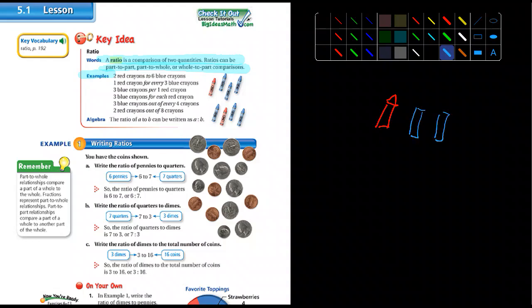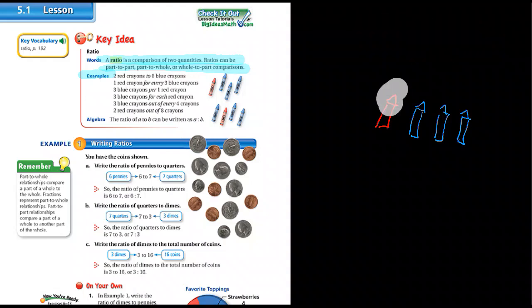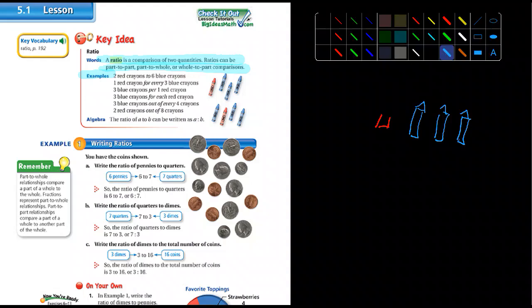And then I have a blue crayon. 1, 2, you have to wait. 3. Okay, let's say there's 3 crayons. What if my red crayon was cut in half or broken in half?